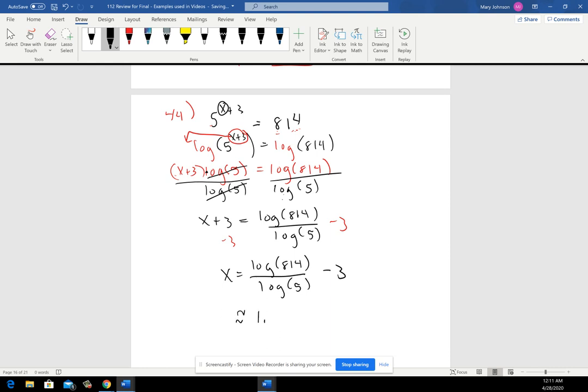This one said, for some reason, round to 2 decimal places. Round to 2 would be about 1.16. Exact answer, and then decimal approximation. It's number 44. Okay. All right.